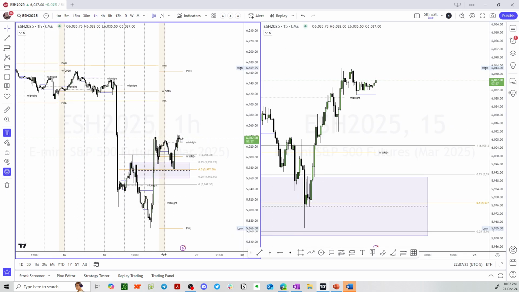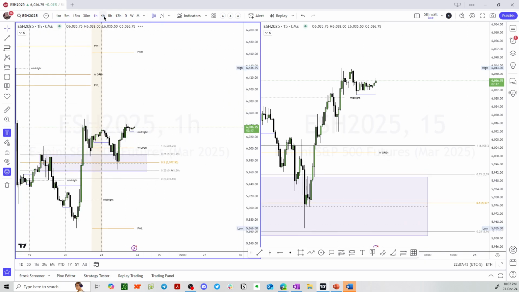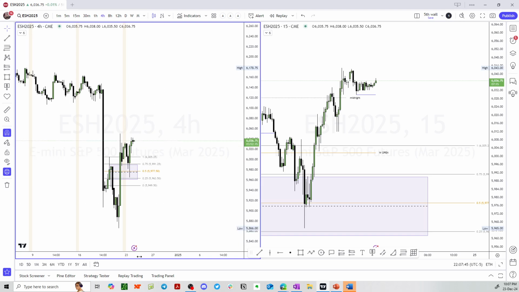All right, so anyway, with the midnight open, you see that price is still inside the upper quadrant of the previous day's range, which is referring to Friday. All right. And there's another setup here for me to see.